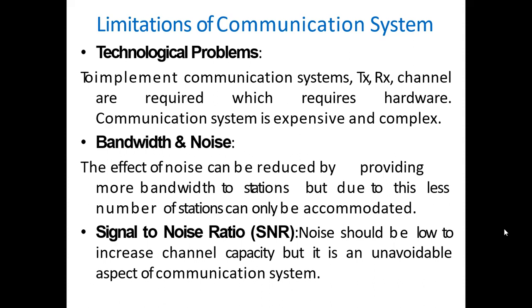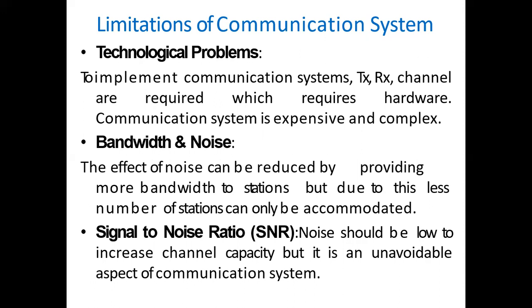Technological problems means that to implement a communication system to transmit our information, we need transmitters and receivers, which require some hardware components. Depending upon the technique, those transmitters and receivers may be expensive, and for designing, they may be complex. So that is one of the limitations.